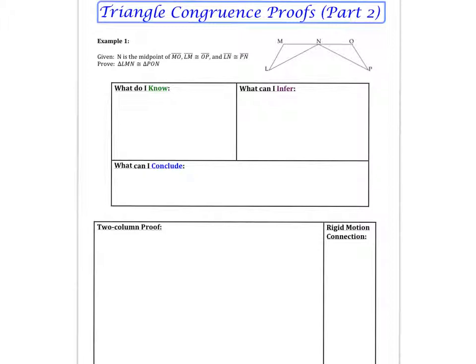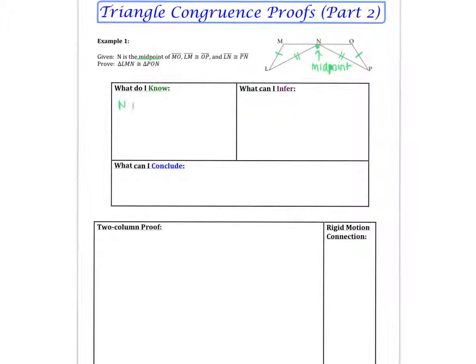Alright, so I'm going to start with what do I know? So that's what I'm given. I know that N is the midpoint. So I'm going to come over here and draw an arrow and say midpoint, of MO. So this whole segment right here, it's the midpoint. I also know that LM is congruent to OP. And I know that LN is congruent to PN. Alright, so those are the things I know.